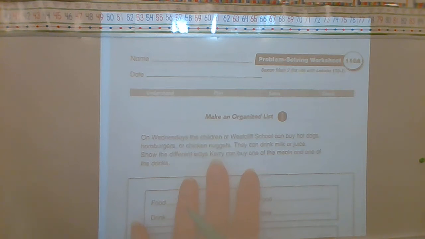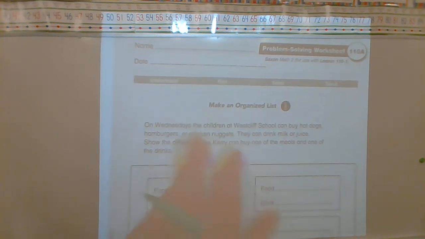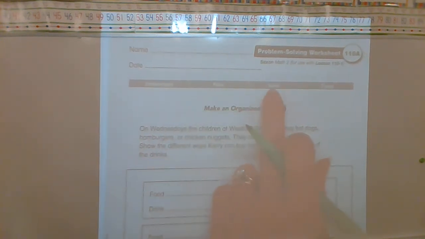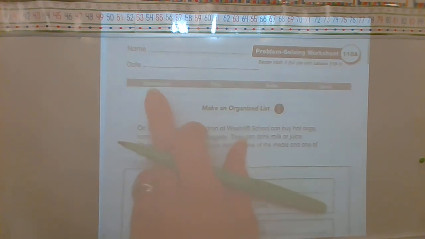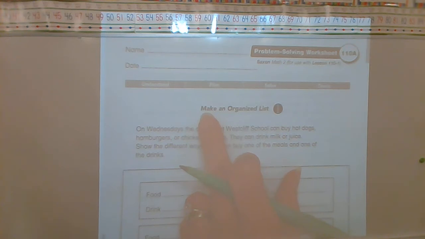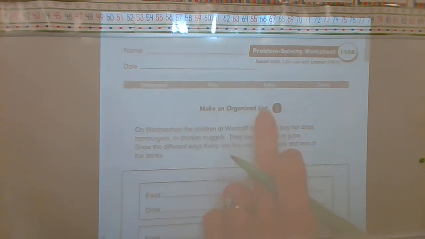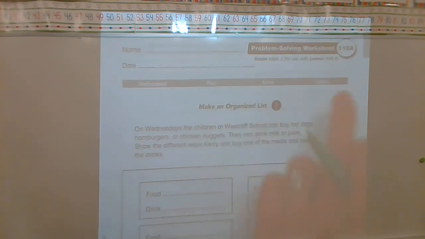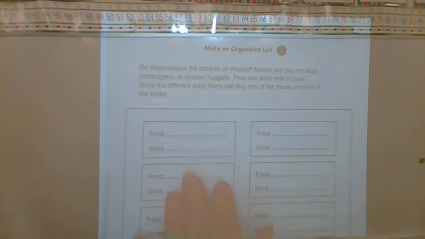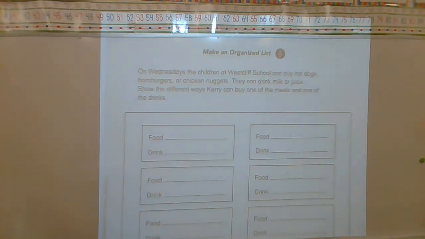Problem solving worksheet 110A. Okay, this is our UPS check. We're going to read to understand. We're going to make a plan. Here's the plan we're going to practice. Make an organized list. We're going to solve it, and then we'll check to see if we're right. Okay, we'll do the front together, and then you guys can do the back as homework.